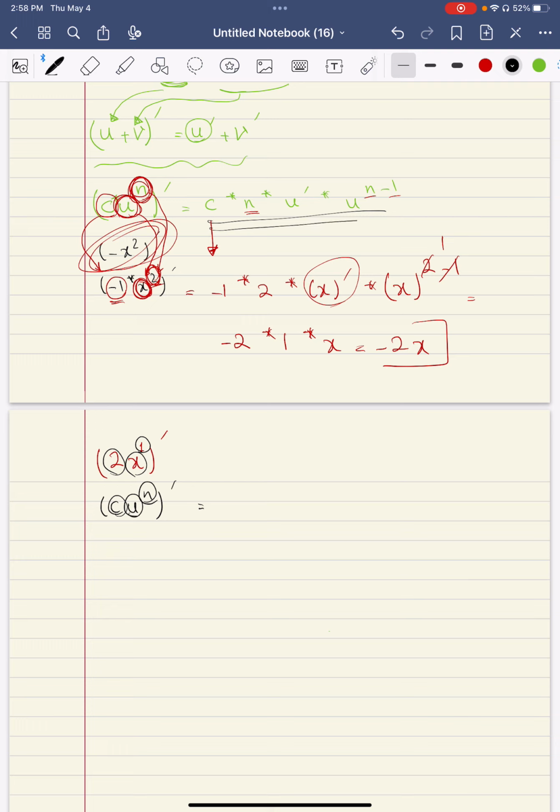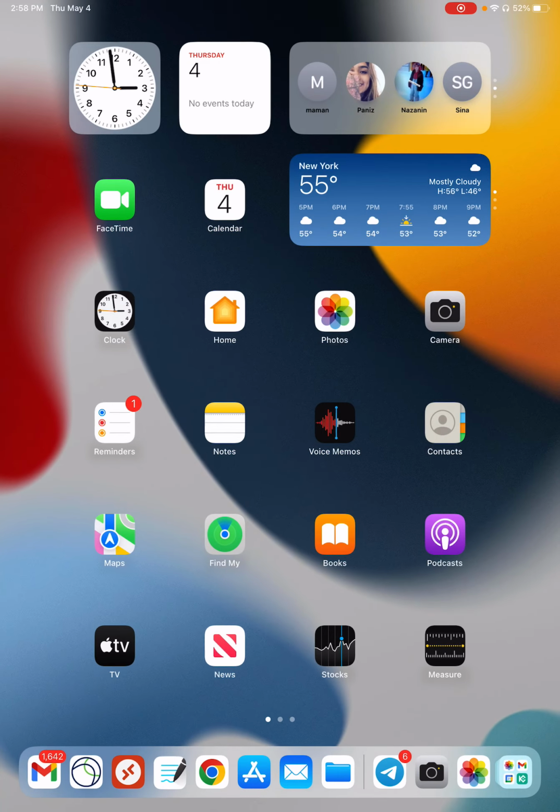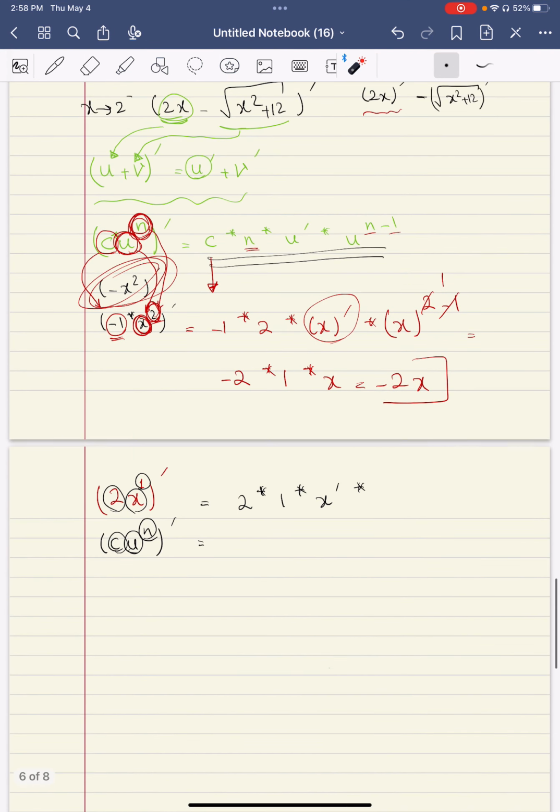Again, we have the formula here. I'm going to write it down. C times n, like 2 times 1, times u prime, or x prime, times u to the power of n minus 1, or x to the power of n minus 1.